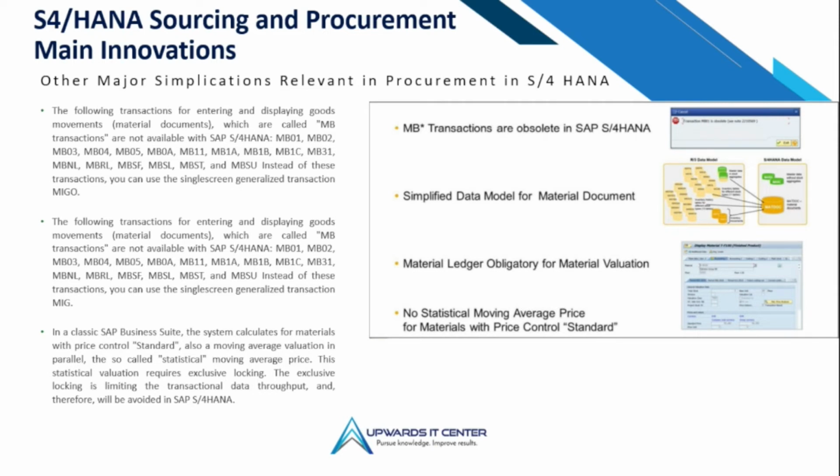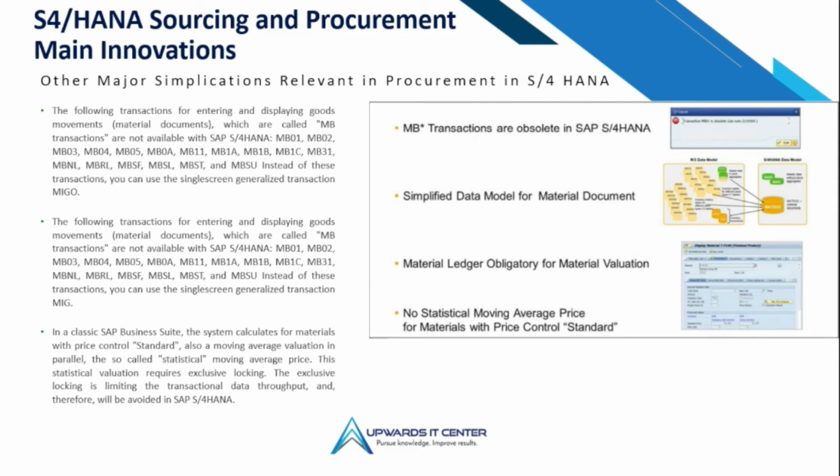Another change is that there is no statistical moving average price for materials with price control standard. In the classic SAP Business Suite, the system calculates for materials with price control standard also a moving average valuation in parallel. It's called the statistical moving average price. The statistical valuation requires exclusive locking.